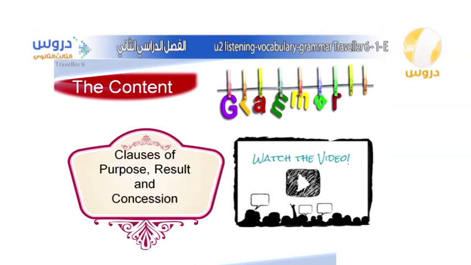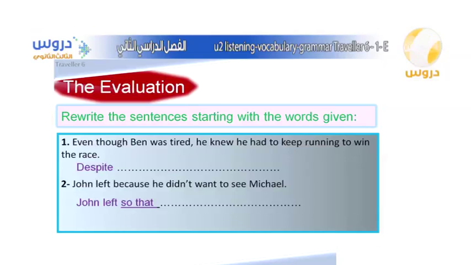Okay. Now we are going to see a video talking about clauses of purpose, result, and concession. All right. Now we have heard about the clauses of purpose and result and concession. So hope you could hear that video. Now I need you to rewrite the sentences below, starting with the words given.